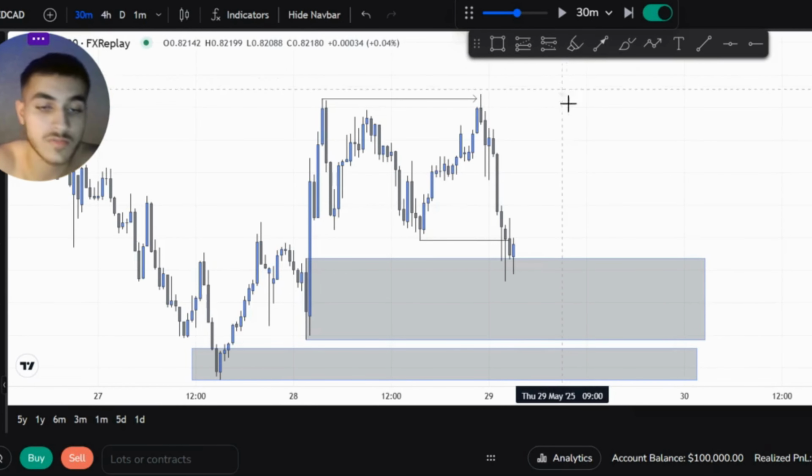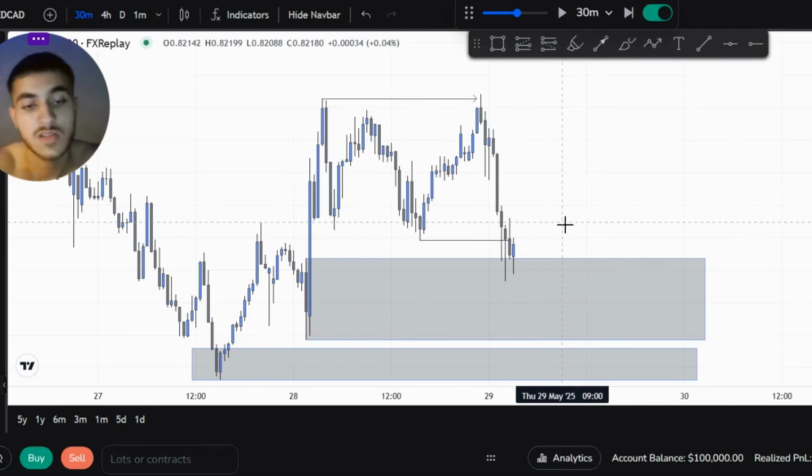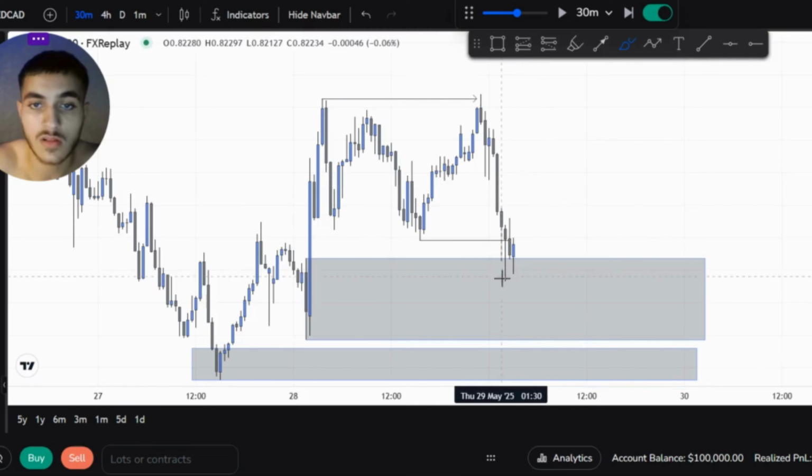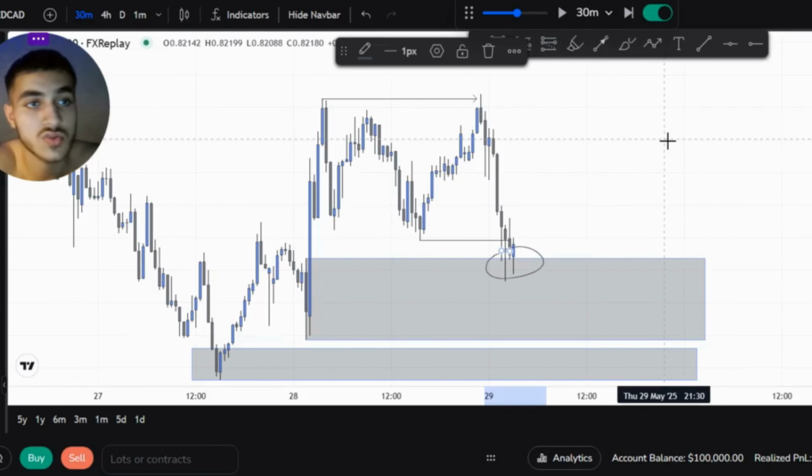And so when price comes to your zone, you will have to wait for the candle to form a wick from the zone, like here. Okay, the candle shouldn't close inside the zone. It's the second main rule. Okay.